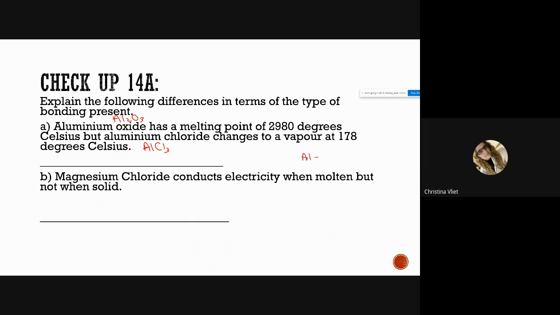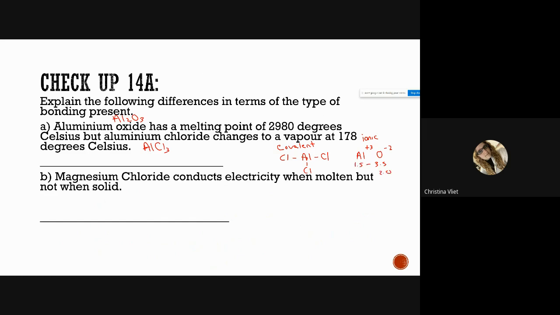This is aluminum chloride. Aluminum oxide is this. What's the difference? Why is aluminum oxide ionic? Because the difference in electronegativity is 2.